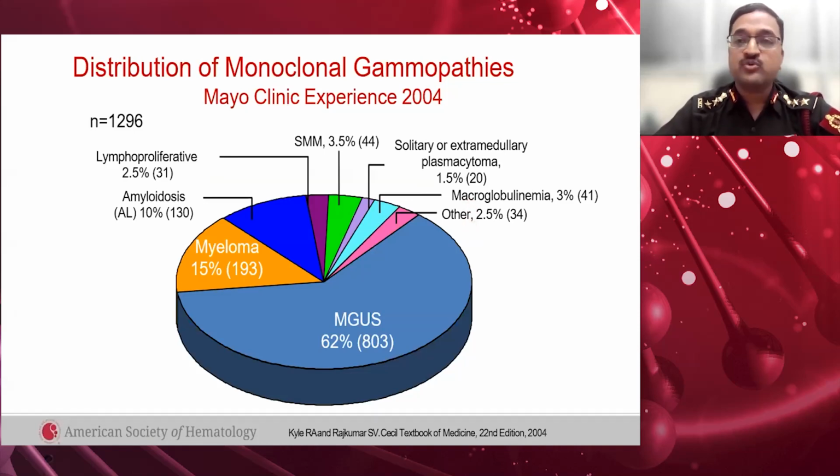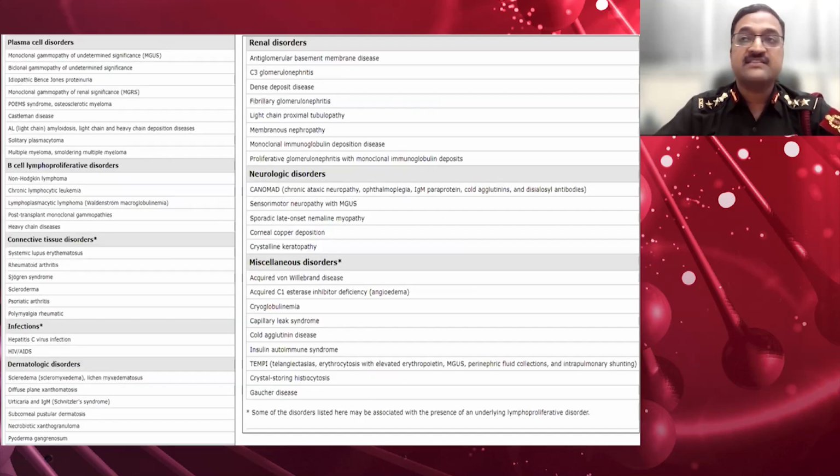If somebody were to tabulate all these causes, you would see a huge number of disorders which can lead to M protein. So, answering the title of today's masterclass, is M protein always myeloma? No. It would be only the first paragraph on the left-hand side, the plasma cell dyscrasias, but you can have multiple other disorders which lead to the presence of M protein.